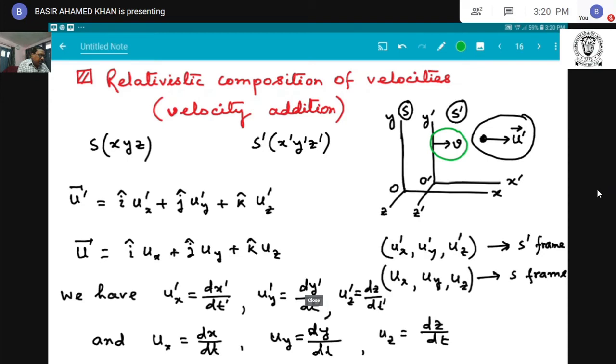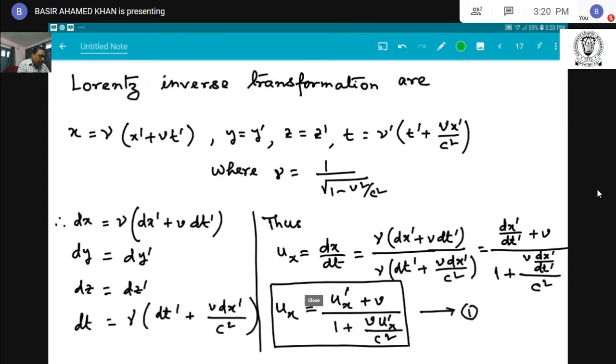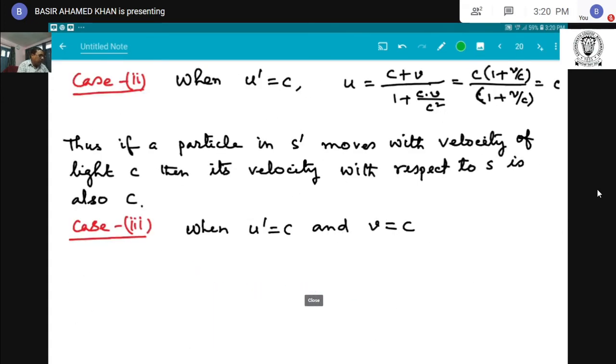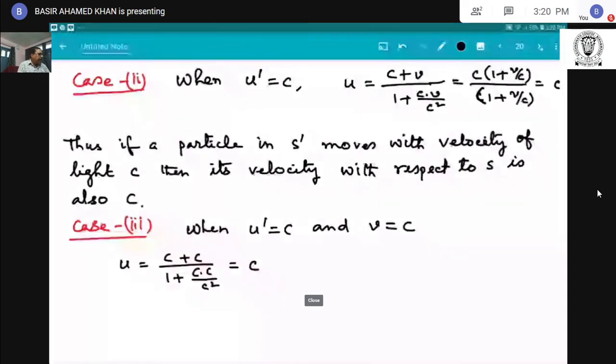Then from the velocity addition theorem we get u equal to c plus c divided by 1 plus c dot c by c square, equal to c. Thus the addition of any velocity to c is reproduced as c.